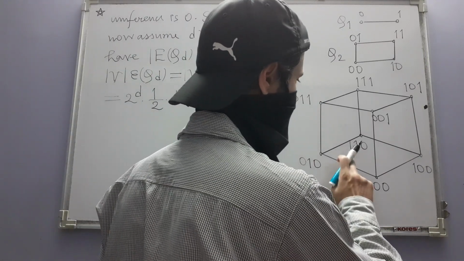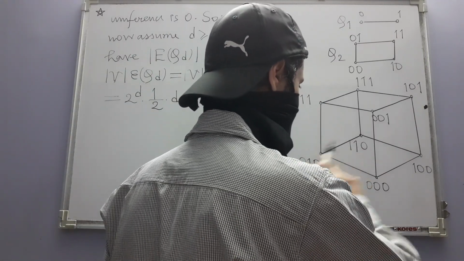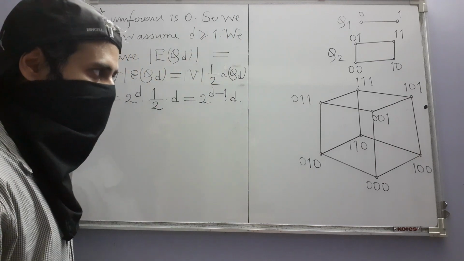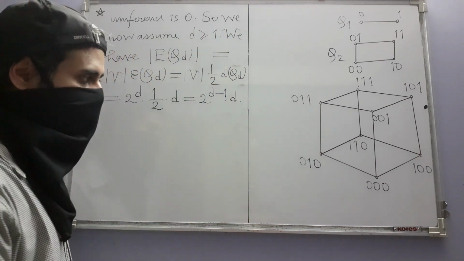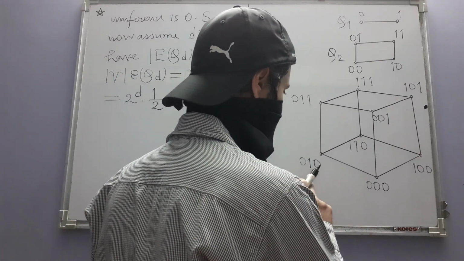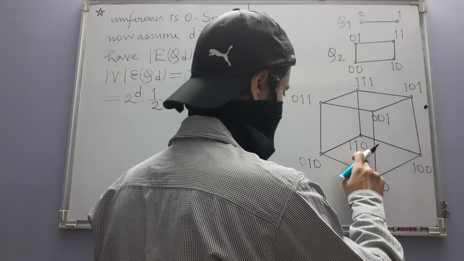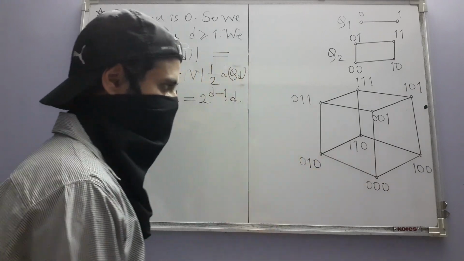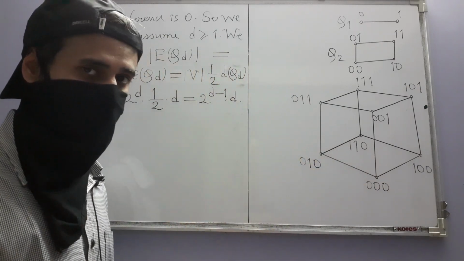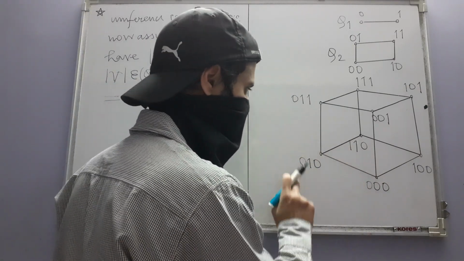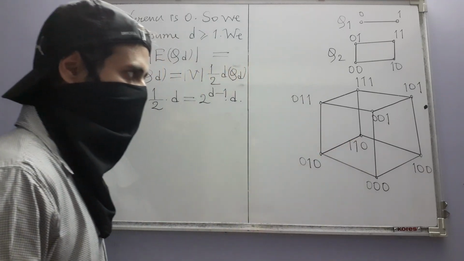So you can see that we have only drawn edges between strings that differ in only one position. For example, here between 0, 1, 0 and 1, 1, 0, only the first positions are different. The second position is 1 in both of them and the third position is 0 in both of them.